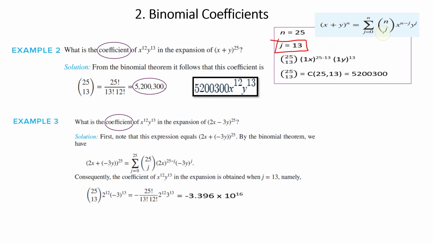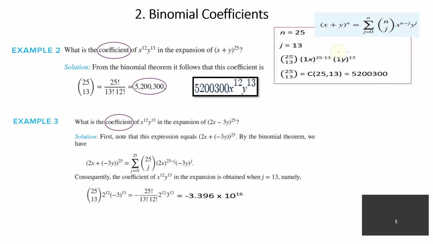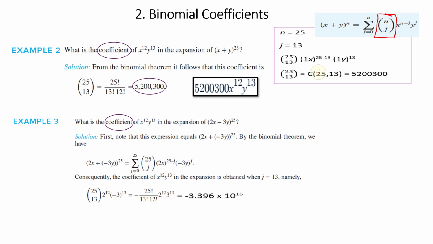And once I know that j is 13, n minus j is going to be 25 minus 13, which is 12, which is exactly what we want. So this shows we're looking for something that is covered by this formula, which means now all I have to do is calculate this to find what I'm trying to find out.